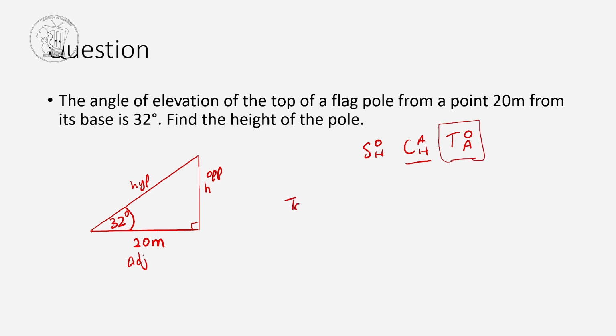We can say tan theta is equal to opposite over adjacent. Theta in this case would be 32, is equal to the opposite, which is h, over the adjacent, which is 20. So to solve for the height, we just take over the 20. So this will be 20 multiplied by tan 32 is equal to the height.